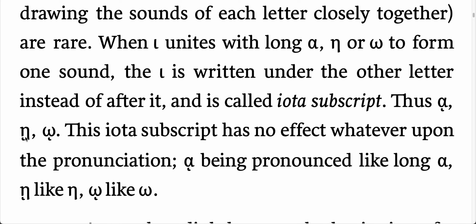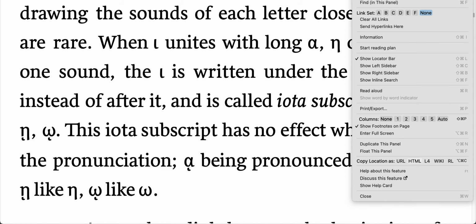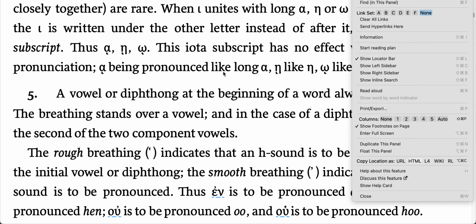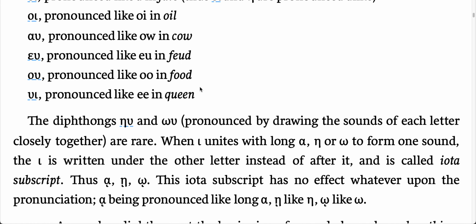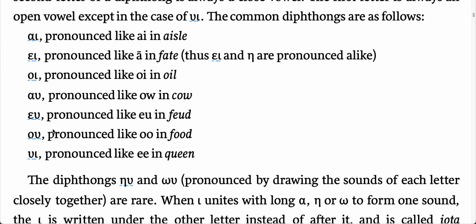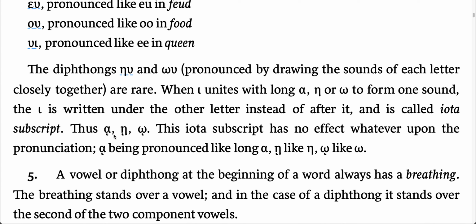It's technically the combination of vowel and iota as a diphthong, but it's visually laid out like that. Alpha with an iota subscript is pronounced just like a long alpha. Eta is like an eta. Omega is like omega. The sound doesn't change in those combinations.